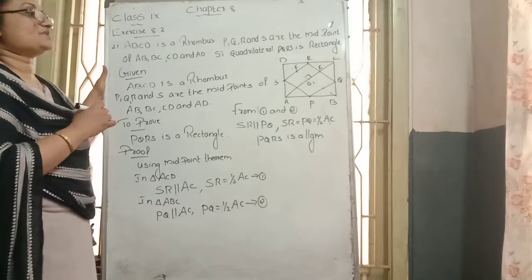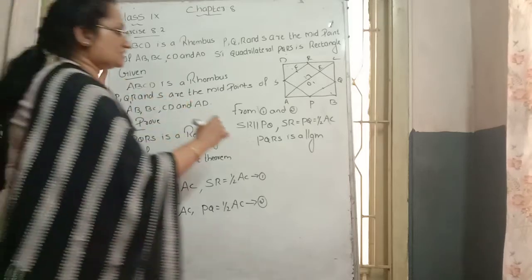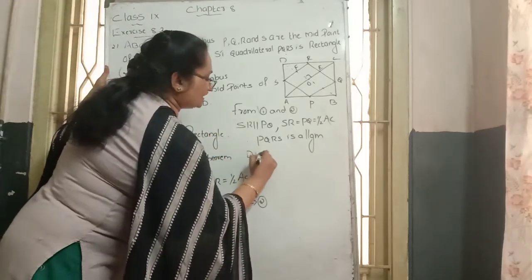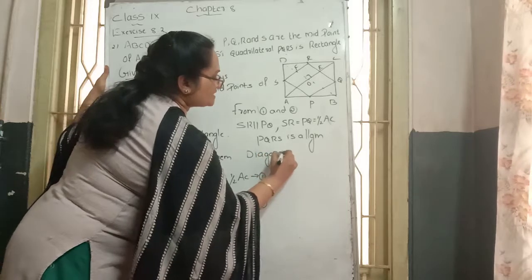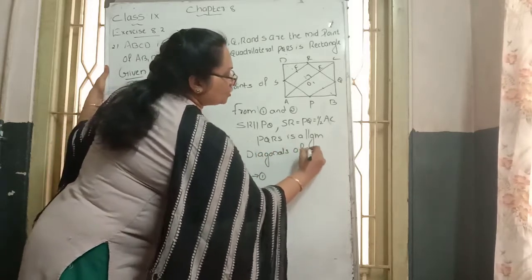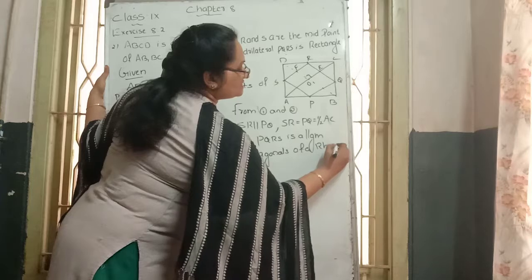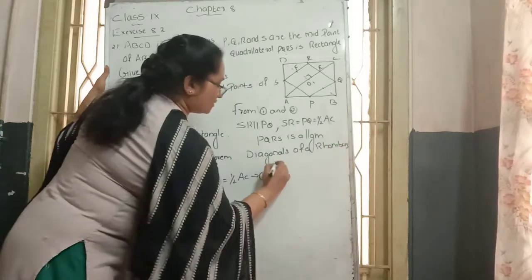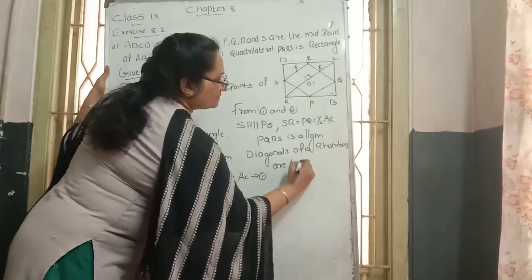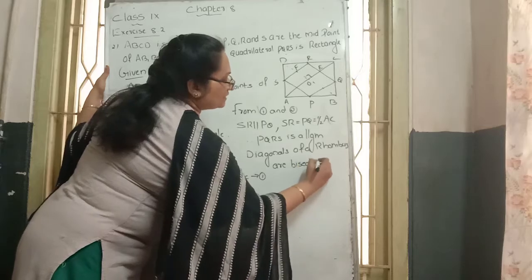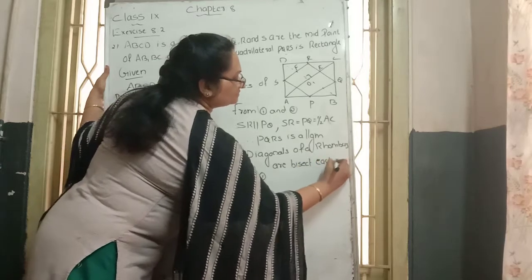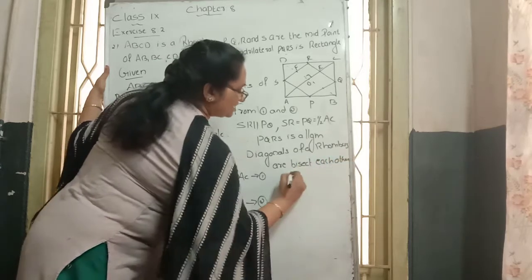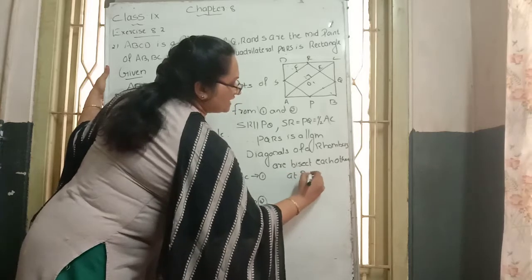For that purpose we can take the diagonals of a rhombus: they bisect each other at a right angle. They make a right angle.